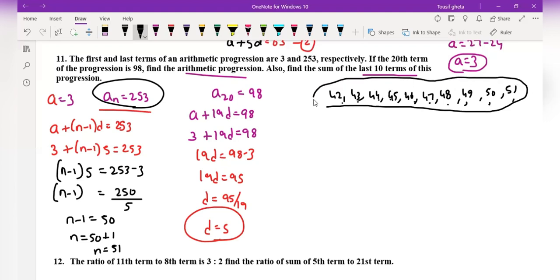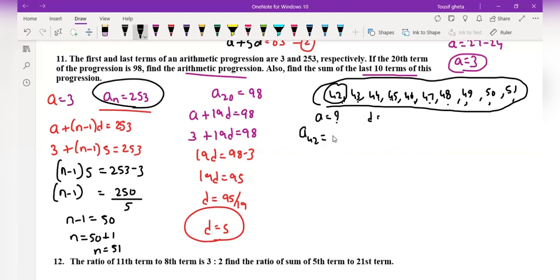These are just a term, their value we don't know. Remember that one. So to find out the sum of the last 10 terms, we need to know the A value, we need to know the D value. D value will be the same. A value will be different because we are adding not from the first, we are adding from the last. So of the last 10 terms, which is the first term? 42. So the 42nd term we have to consider as our A value.